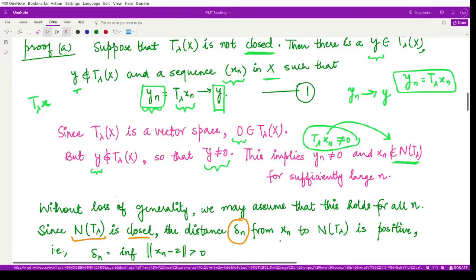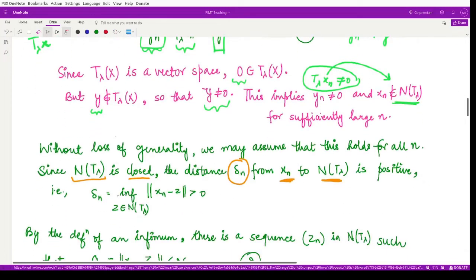It was the distance of xn to the null space. This distance is positive, right? We define this distance as the infimum of the distances of xn from all the z which are taken from the null space of the operator t lambda. So this distance is obviously greater than 0.